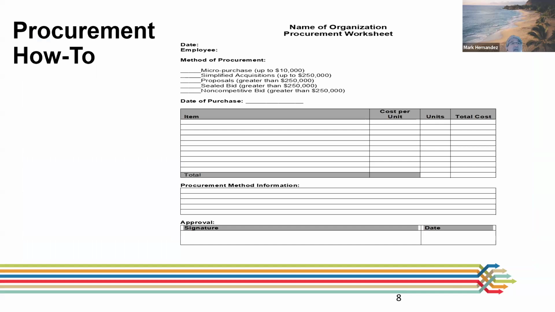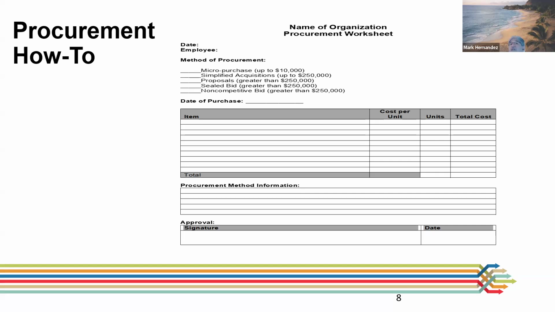Another how-to document is just for documentation. You can use something like this, a Word document, as your supporting documentation for why you procured something. In this case, it's pretty simple: you either check the box for micro purchases or for simplified acquisitions. Very rarely would you see anything else.